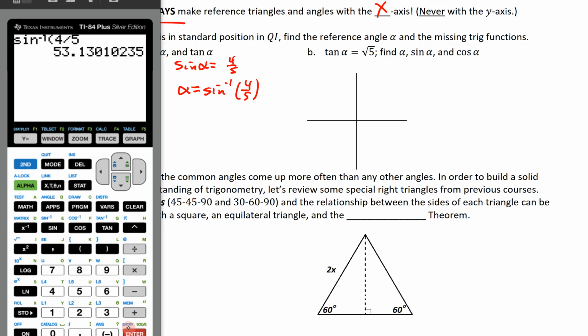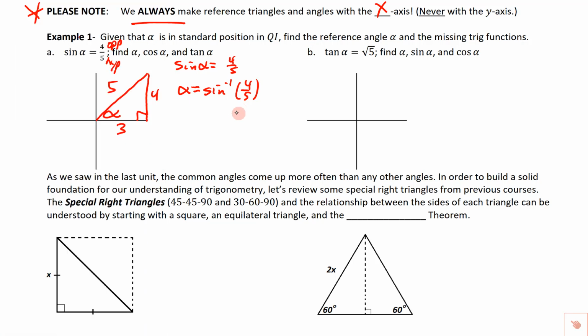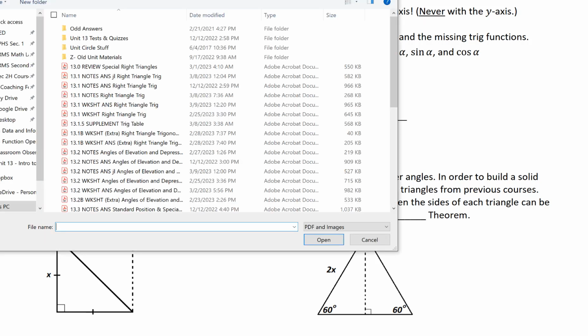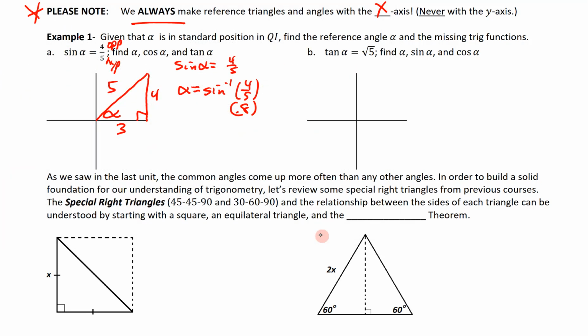Do you still have your chart, your trig table? Would you grab your trig table? I'm going to pull up a trig table right here. You want to find a sine ratio of 0.8.